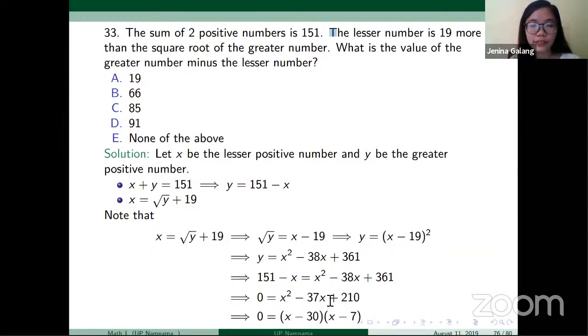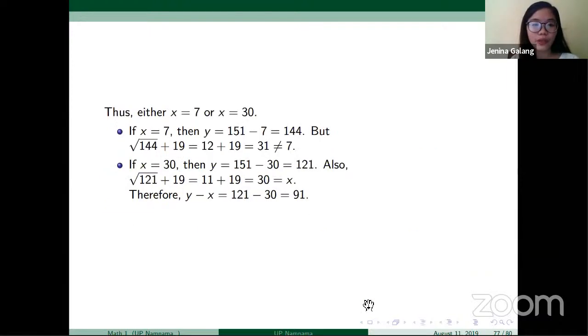We will have this and we will factor out this. So, yung factors niya is (x minus 30) and (x minus 7). And equating both of the factors to 0, we have x equals 7 and x equals 30.